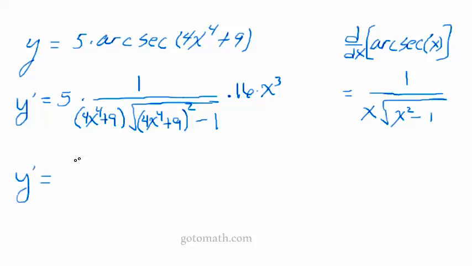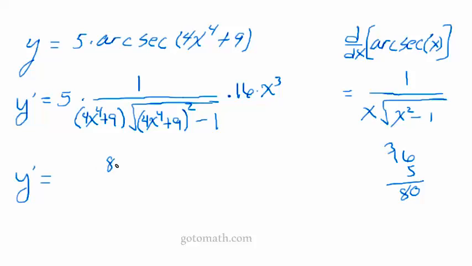So now we have y prime. We have 5 times 1 times 16, and that's 80, right? I don't know what that is, but we better take a look. 6 times 5 is 30. Oh, it is 80. That's cool.